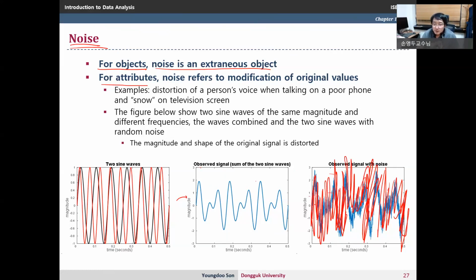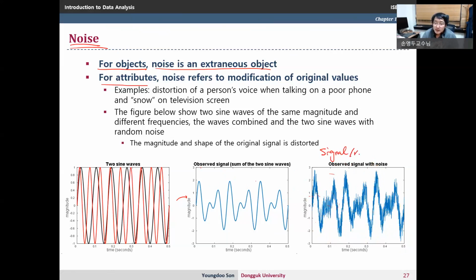Maybe in this one we may find a signal like this, and it's very different from the clean one. So the level of noise, or the ratio between the original signal and noise, is important. Signal noise ratio.